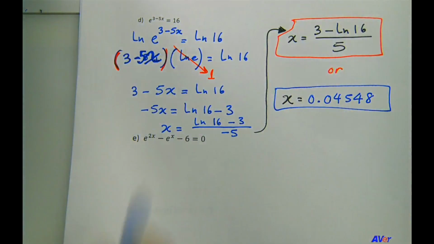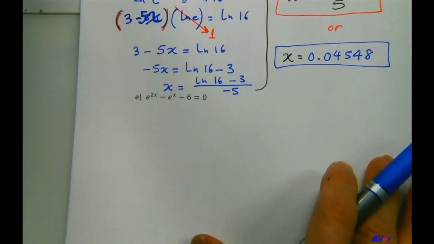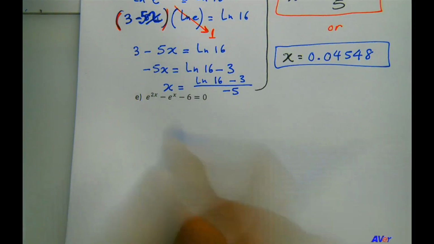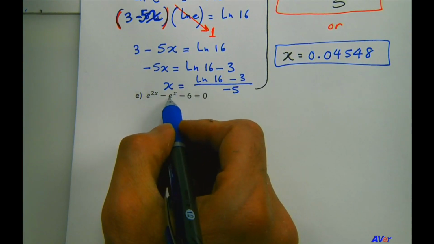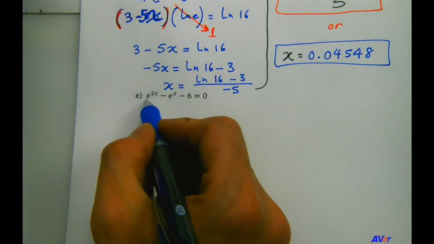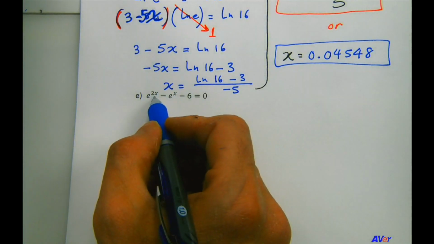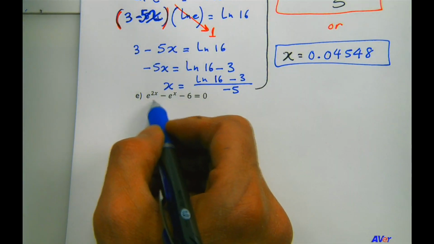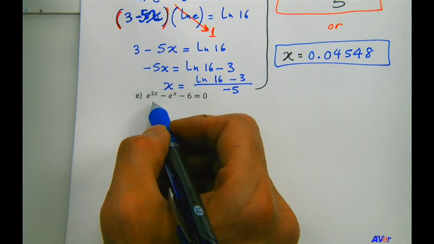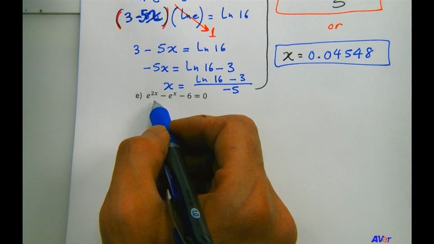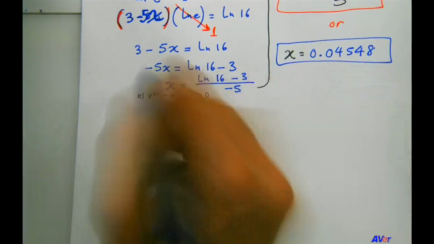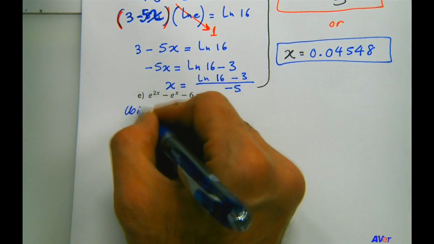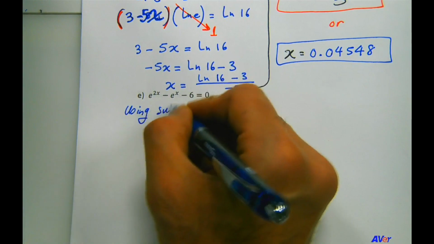Okay. So this one is an interesting problem, because notice the middle term, e to the x, and then the first term, e to the 2x. So we can rewrite this as a quadratic equation using substitution. So let's do that.